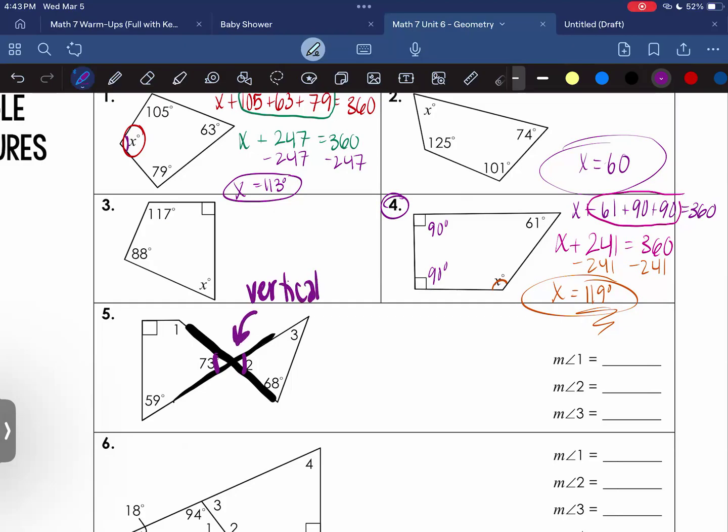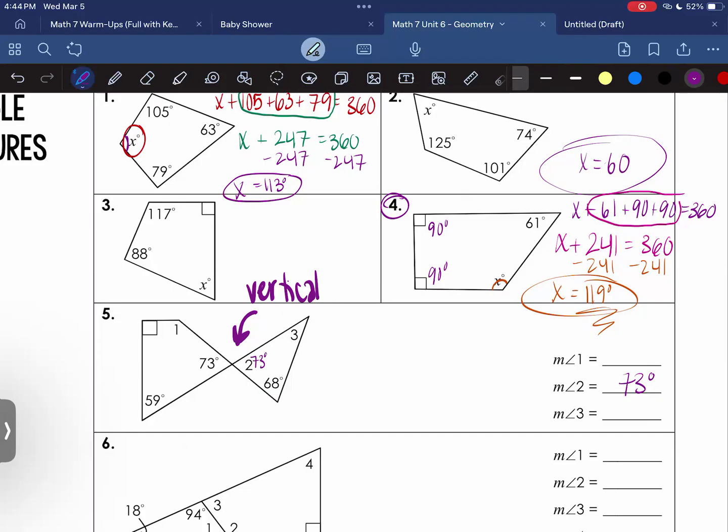What was the fact that we learned about vertical angles? We learned that they are congruent. So if the left side is 73 degrees, then that other side, which they labeled angle 2, is also 73 degrees. So I'm going to label that over here, 73 degrees. I can also label it right here.